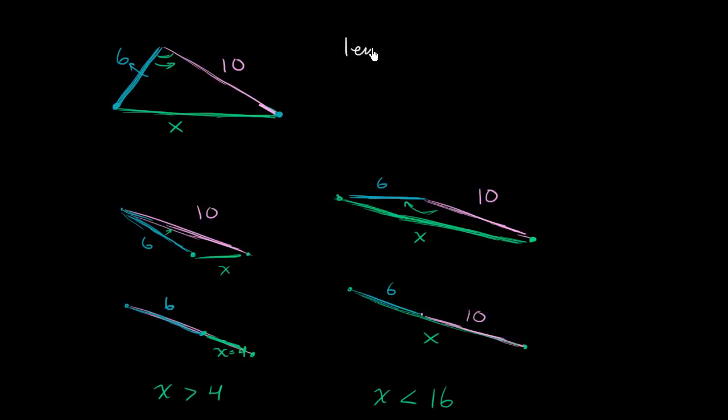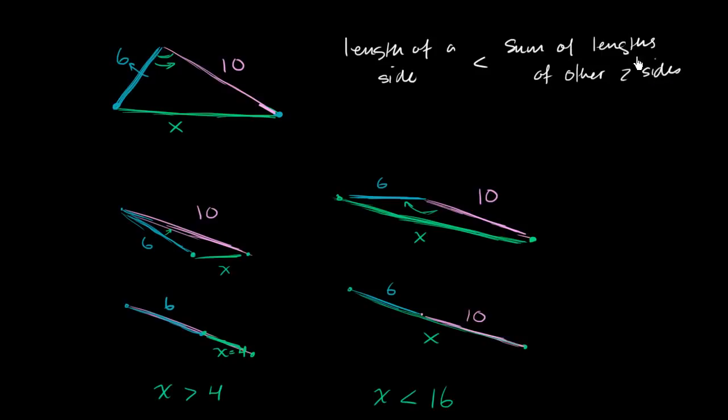So the length of a side has to be less than the sum of the lengths of the other two sides. If you're willing to deal with degenerate triangles, where you essentially form a line segment, you lose all your dimensionality, you turn into a one-dimensional figure, then you could say less than or equal. But we're just going to stick to non-degenerate triangles.